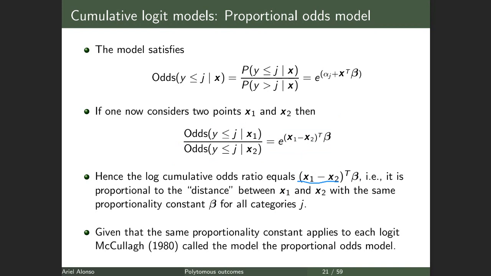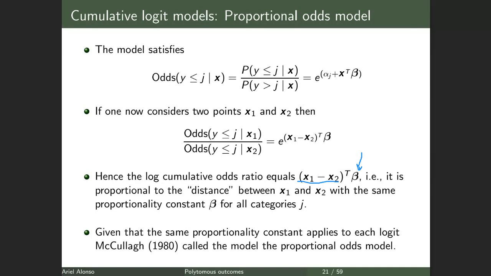And this proportionality constant doesn't depend on j, doesn't depend on the category. It will be the same for every j. And that's why, given that the proportionality constant is the same for all of these logits, McCullagh in 1980 called the model the proportional odds model. From there comes the name.